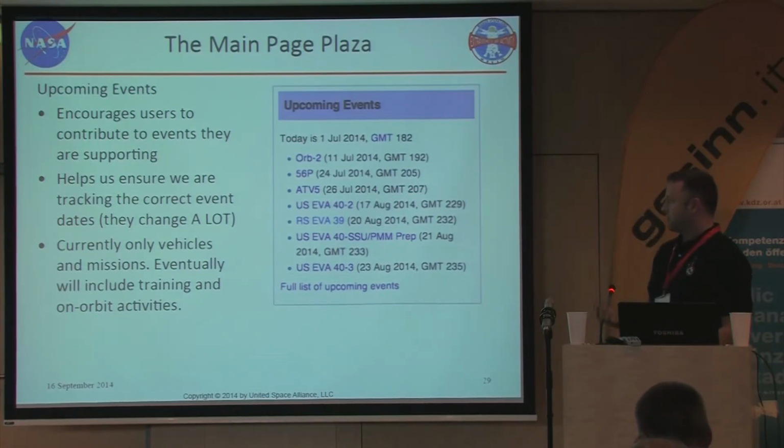So it's pretty straightforward, but it helps users that may not be up to speed, because these launch dates and these EVA dates, they change daily, sometimes multiple times during a day, and going through your email and trying to figure out, well, when did those dates change, it's too cumbersome. But at least here we can just semantically put that on there. Anytime we see an update, we go update that page, and here it is on the main page.